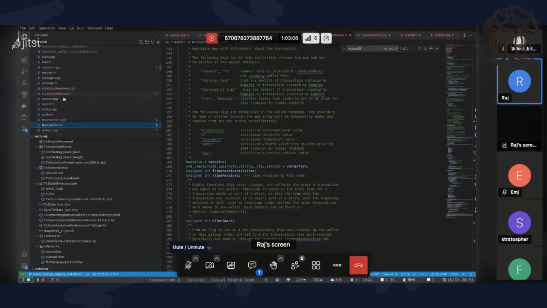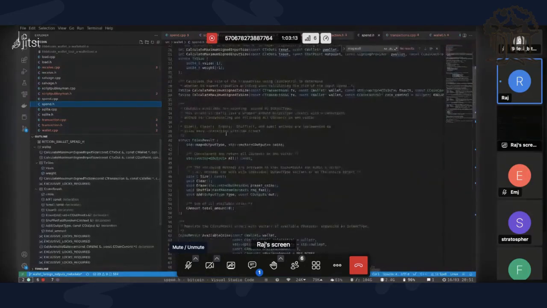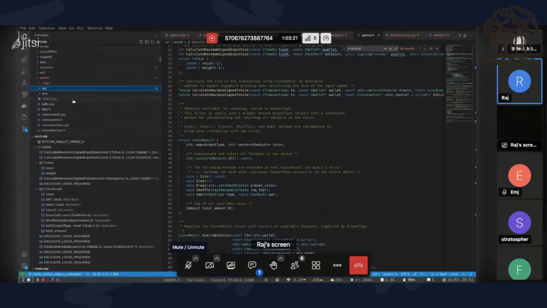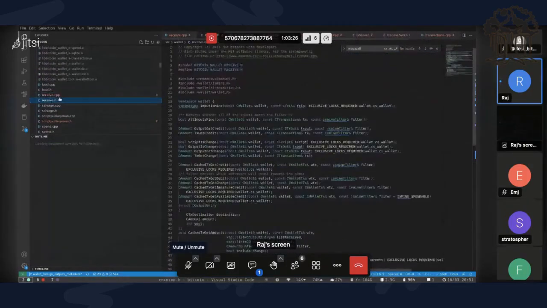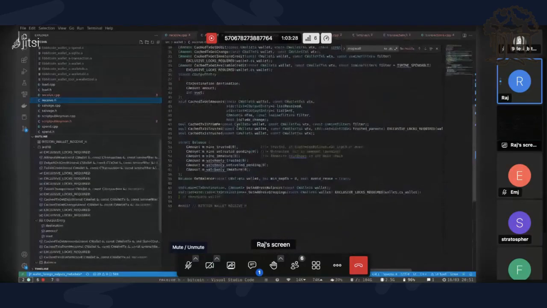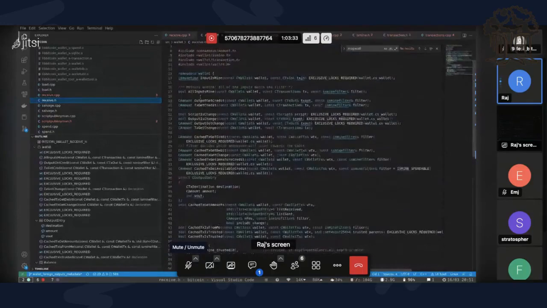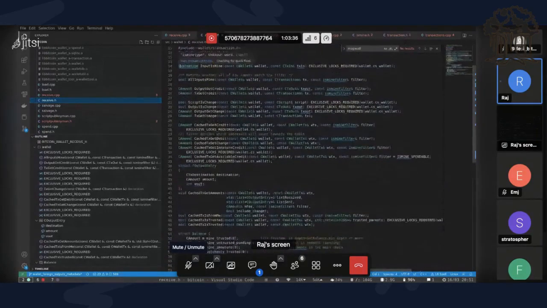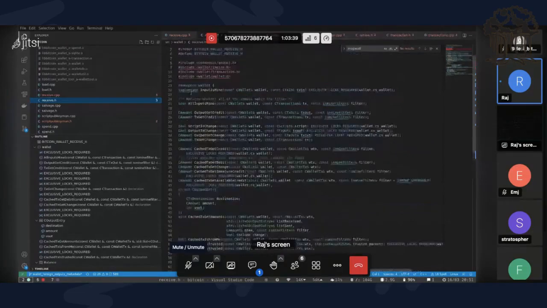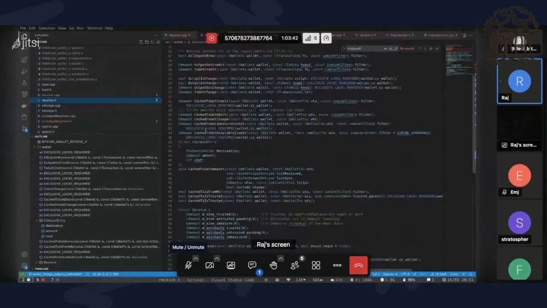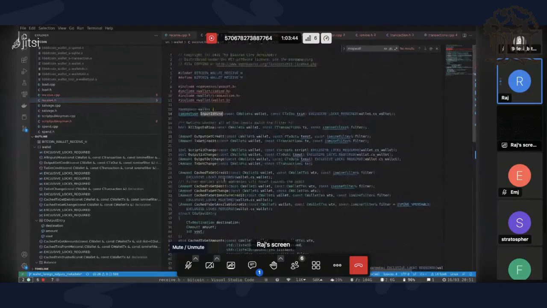Then we have two different kinds of files called spend.h and receive.h. Where is receive.h? Let's close RPC. Receive.cpp, receive.h, which are basically a bunch of functions. There are no structures inside receive.h. These functions are heavily dependent on IsMine flags, and it depends on whether things are IsMine or not.